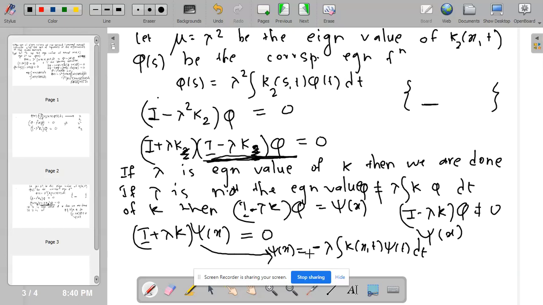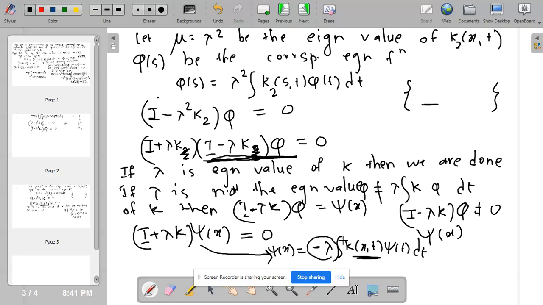If we expand, we will get this. And what does this tell us? It tells us that minus lambda is the eigenvalue of k(x, t), because corresponding to minus lambda we get a non-zero function, xi of x, which is a solution of this homogeneous integral equation.